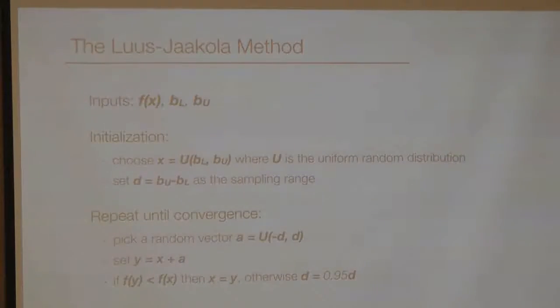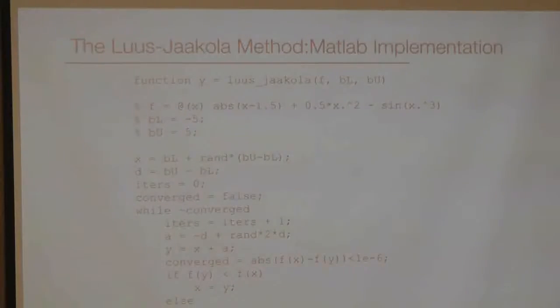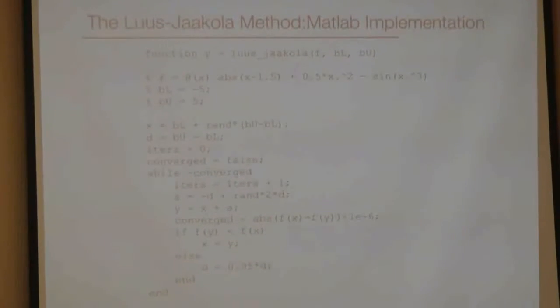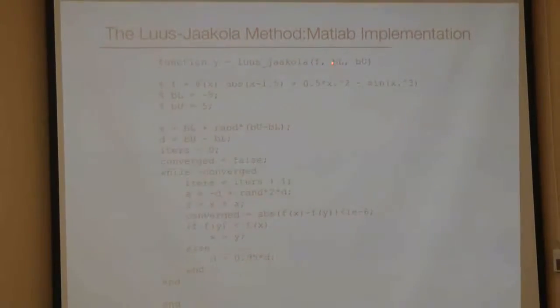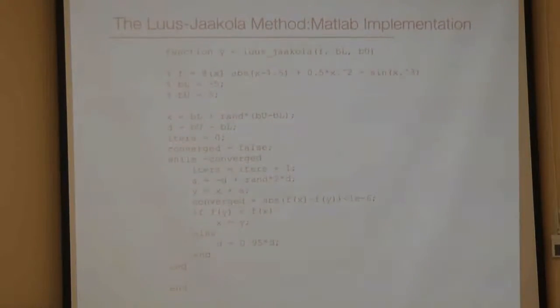But we don't have any specific control about the convergence rate besides the value of D. Okay? And then this kind of formal description can be easily translated, for instance, to MATLAB. Okay? So we have a function, Lucy-Yakola, which takes the function to be minimized and the lower and upper boundaries as the input.